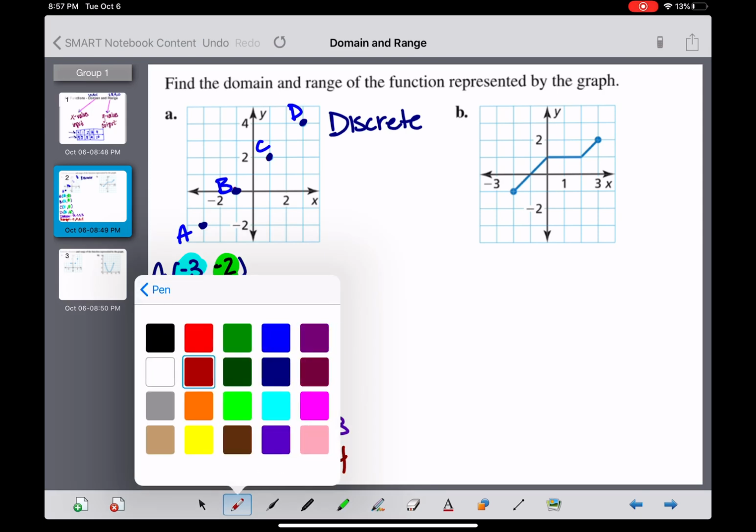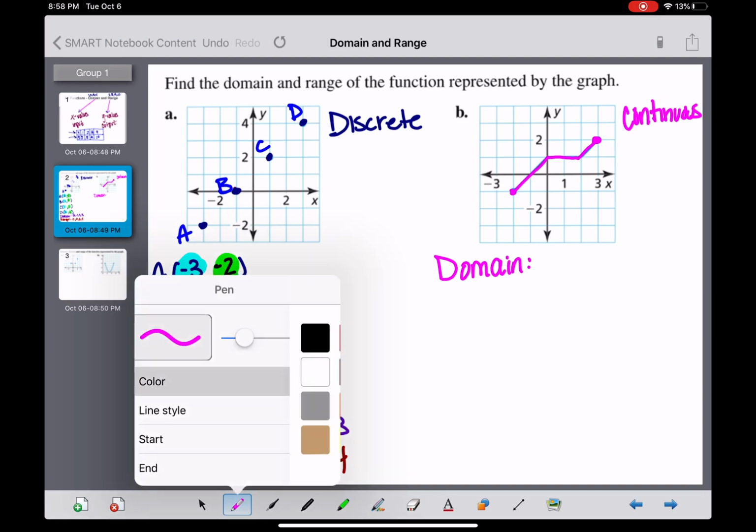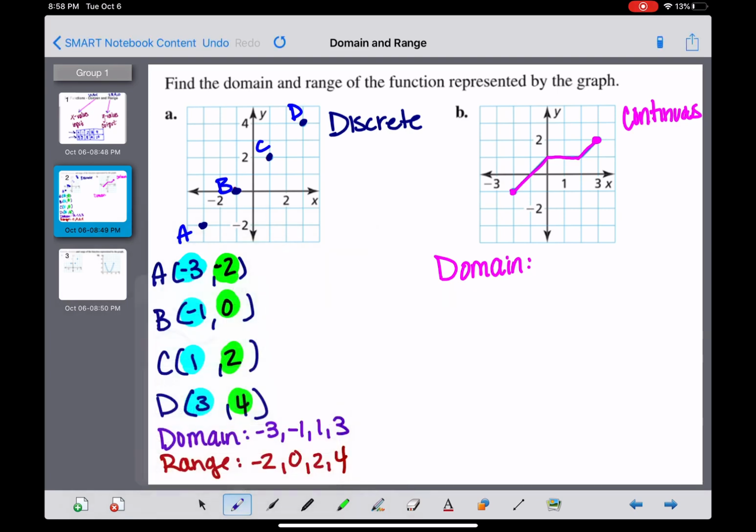Example B is a continuous function. It is continuous because my pencil will not be picked up to go from left to right. So when I'm looking to find my domain, I am still looking at the x values. I want to see how far across the x-axis does my graph exist.